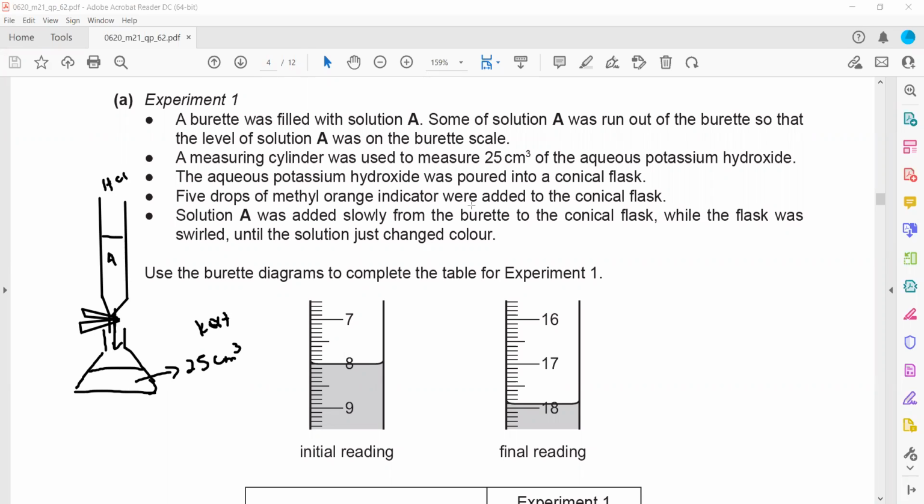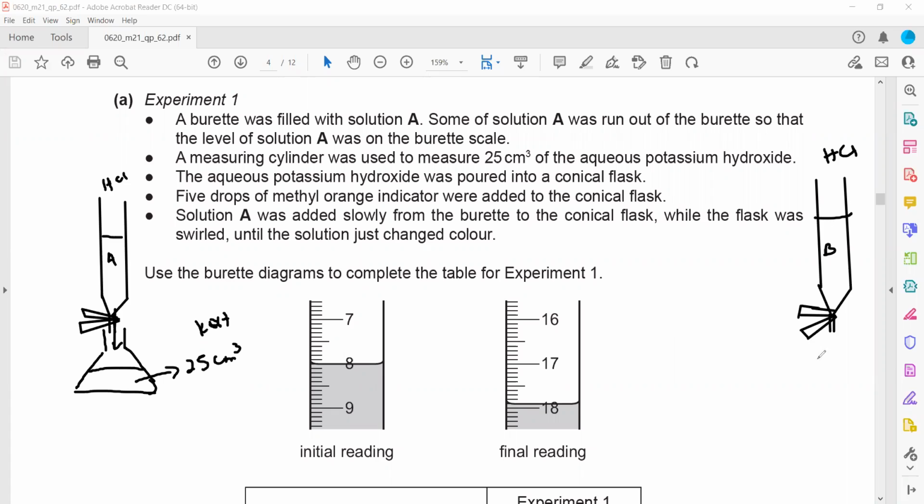And then we repeat the procedure with the same burette, but instead of using solution A of HCl, we use solution B. Why are we saying solution A or B? It means they have a different concentration. So we fill the burette with another solution of HCl of a different concentration.